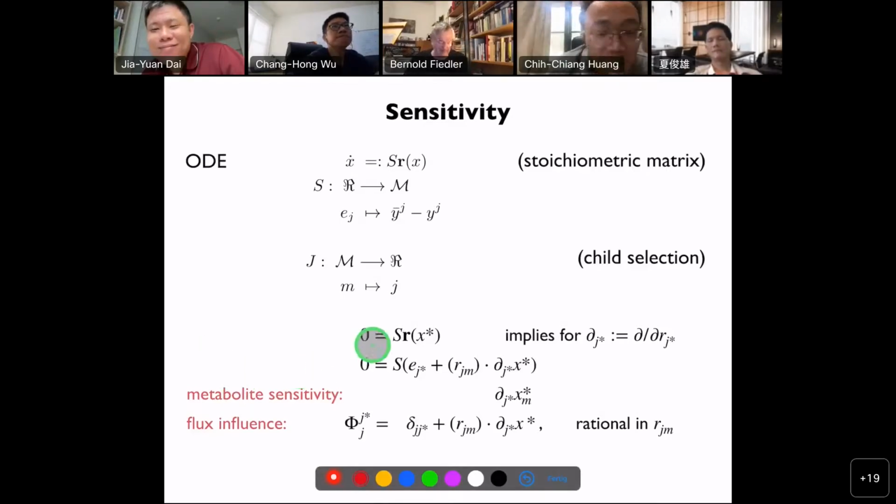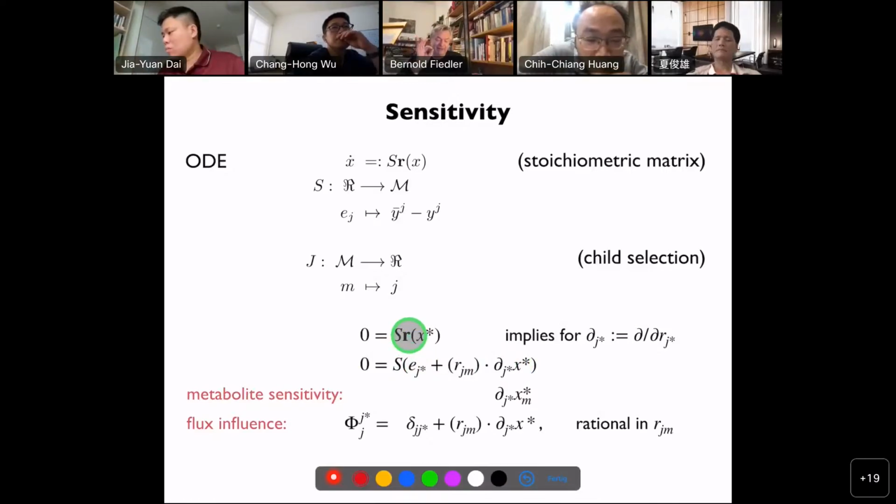Okay. So here I'm just doing implicit function theorem to determine the change of the equilibrium as I change the reaction rate. Okay, it's an implicit equation, just implicit function theorem. And the partial derivative with respect to a change in a reaction rate, I call the metabolite sensitivity.